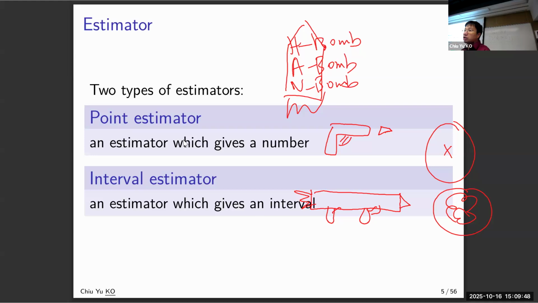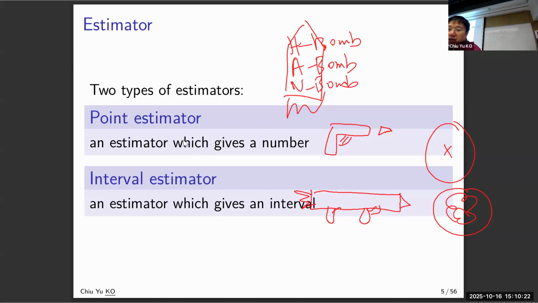So what is a point estimator? This is what we often see in the news every morning, right? You watch the financial news before the market opens, an expert comes in and talks, what is the guess of the Hang Seng Index today? And the guy will say, okay, today I guess it will be 28,000.